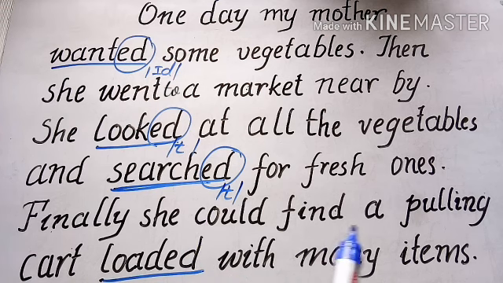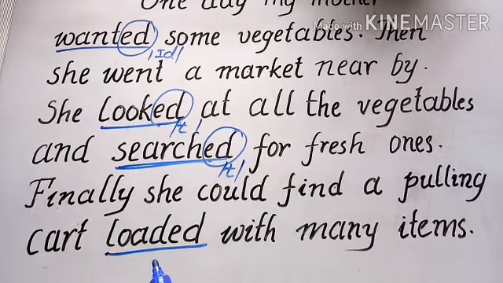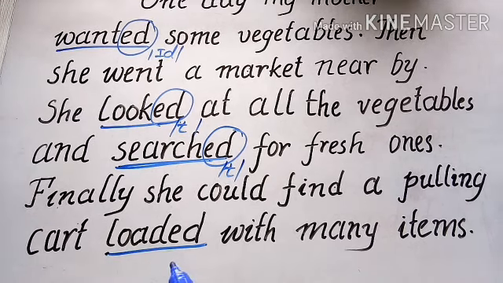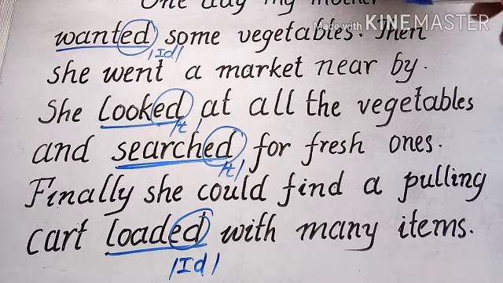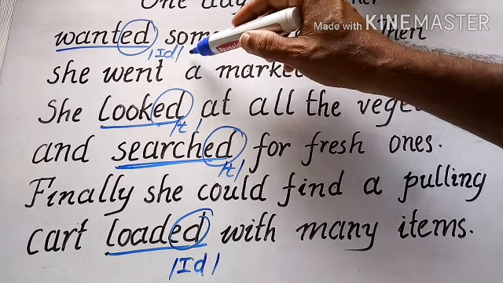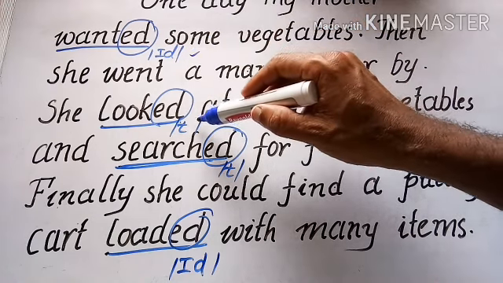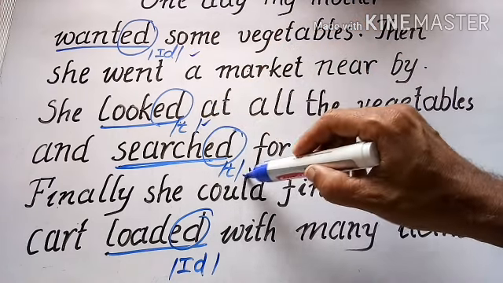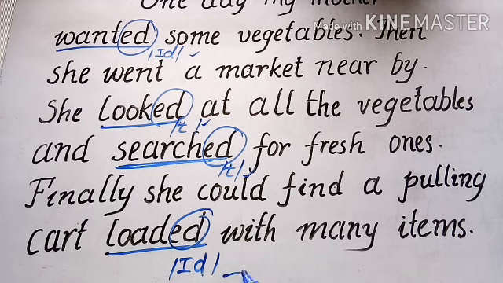Next, finally she could find a pulling cart loaded. This is loaded, id. So here in all these pronunciations we have three sounds. One is id, another one is t.